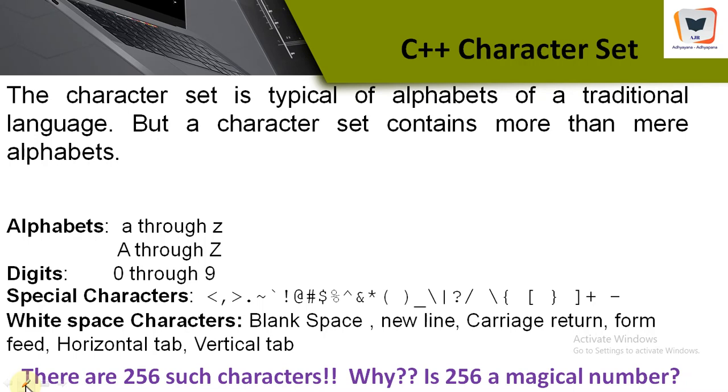For example, 48 in ASCII represents 0, 65 represents capital A, and 97 represents small a. Whenever a key is pressed, it generates what is called a scan code. Immediately the dedicated microprocessor in the keyboard translates it into its typical ASCII character.